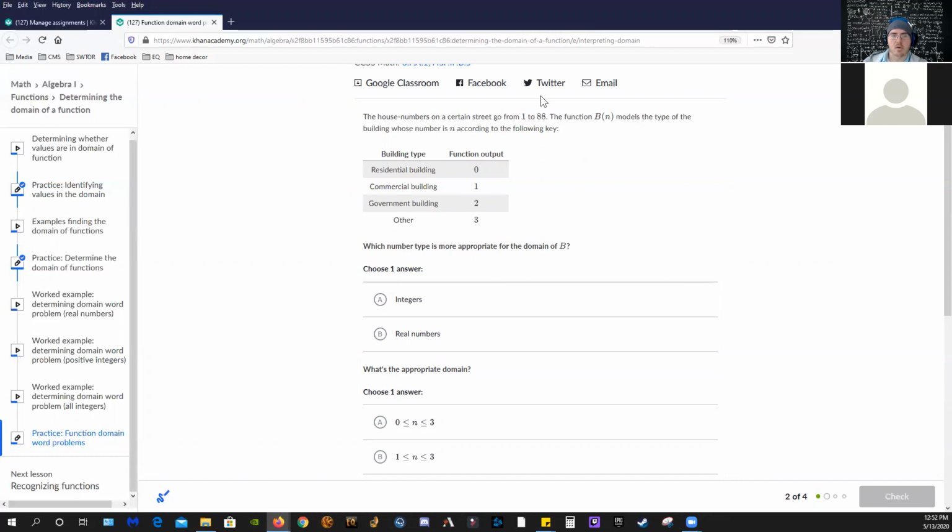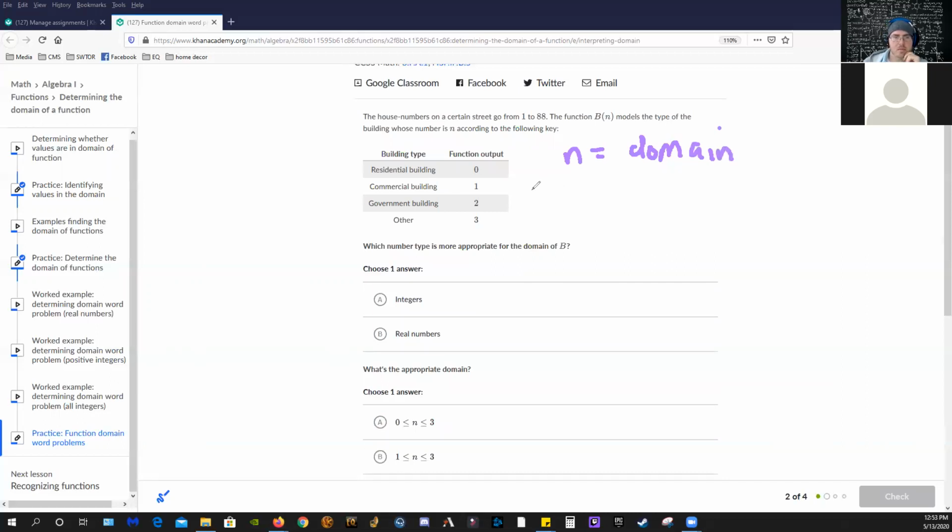Okay. So the building depends on the number. So n is the domain. N is the domain and b is the range.